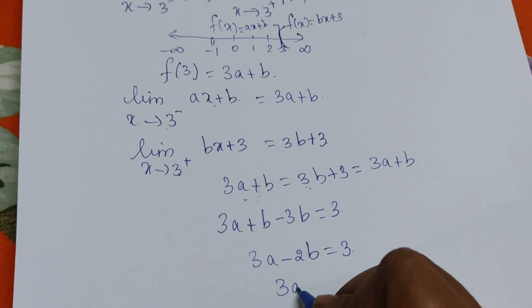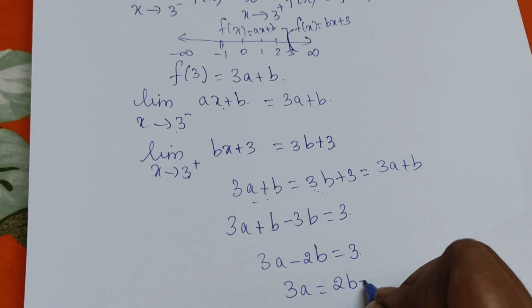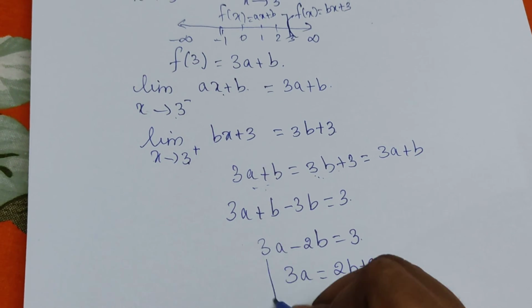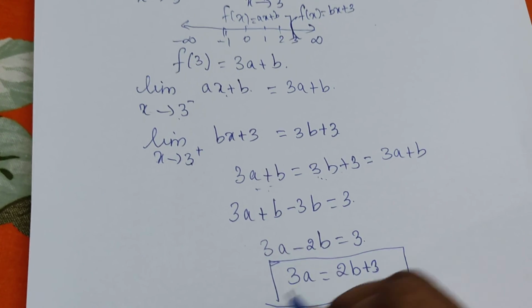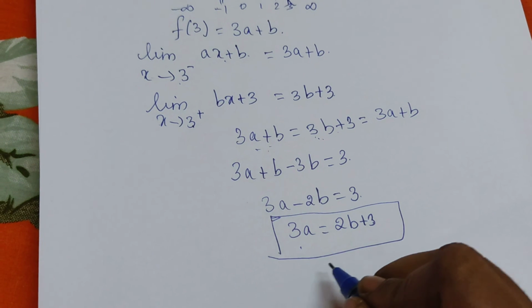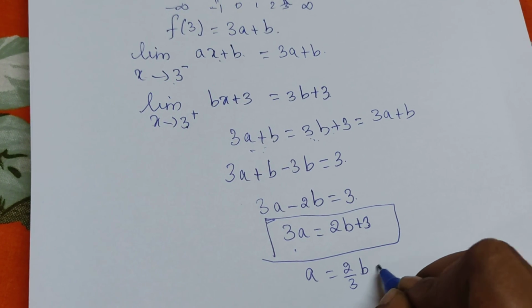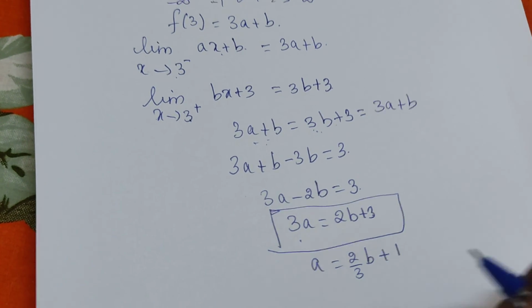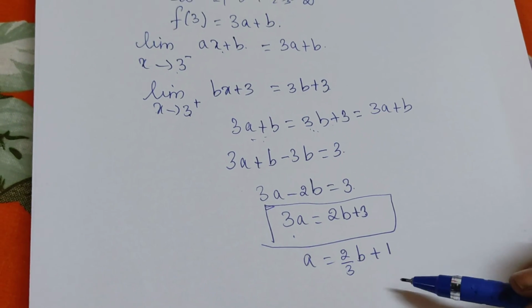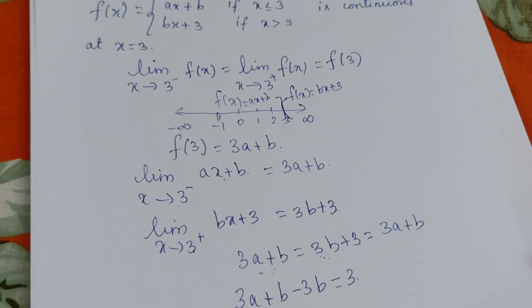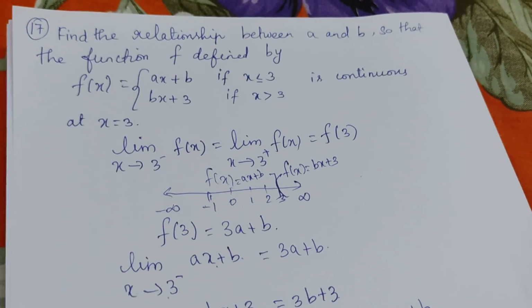So 3a will be 2b plus 3. So this is the relationship between a and b. If we want, we can rewrite this as a is equal to 2/3 of b plus 1. So this is the relationship between a and b when the function is continuous at x equal to 3.